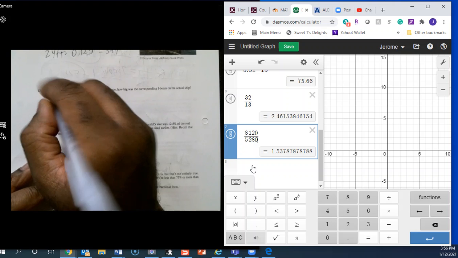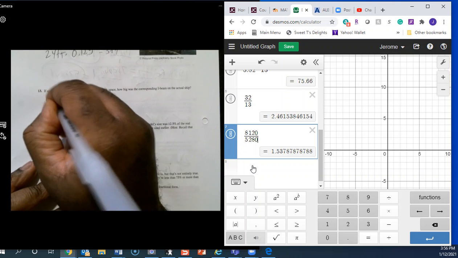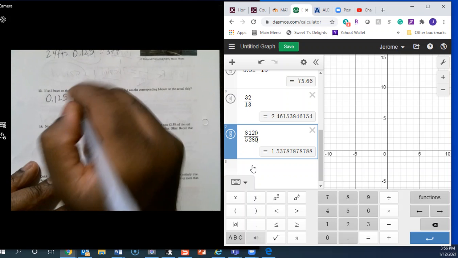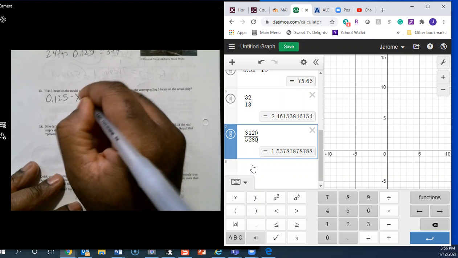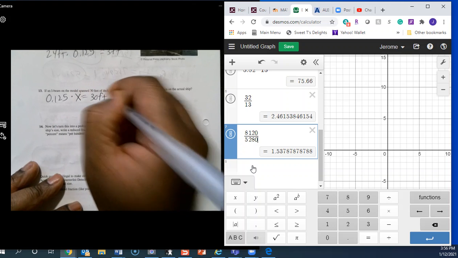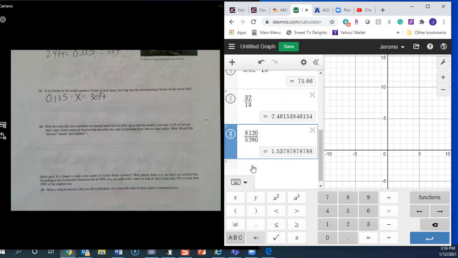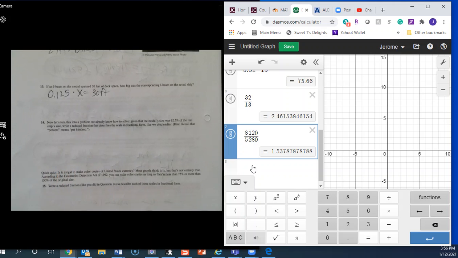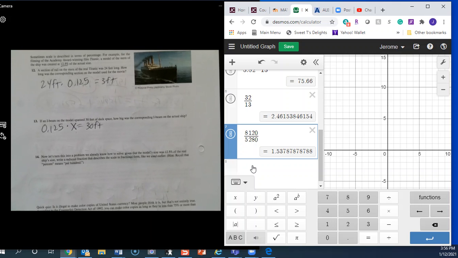So we have the scale, which is 0.125, or the factor, times x is equal to 30 feet. Now, x is the actual size of the ship. So 12.5% of the actual size of the ship is equal to 30 feet.